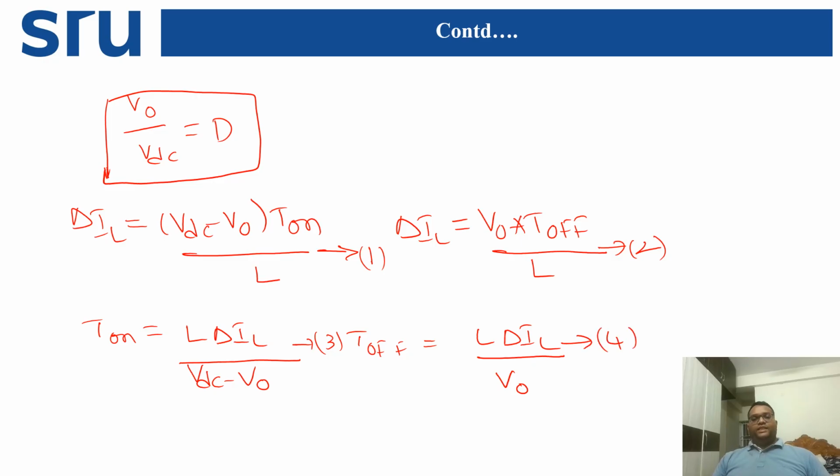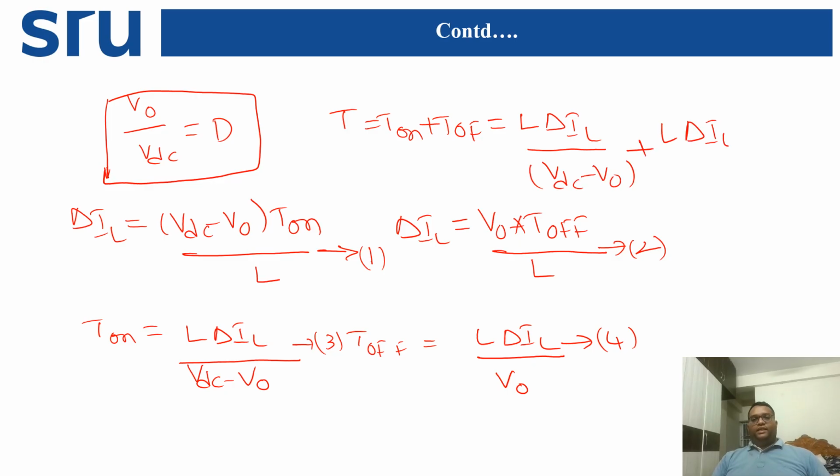Now, from this, we come to know that the total time T is equal to T on plus T off. T on is nothing but L into delta IL divided by VDC minus V naught, plus L into delta IL divided by V naught.